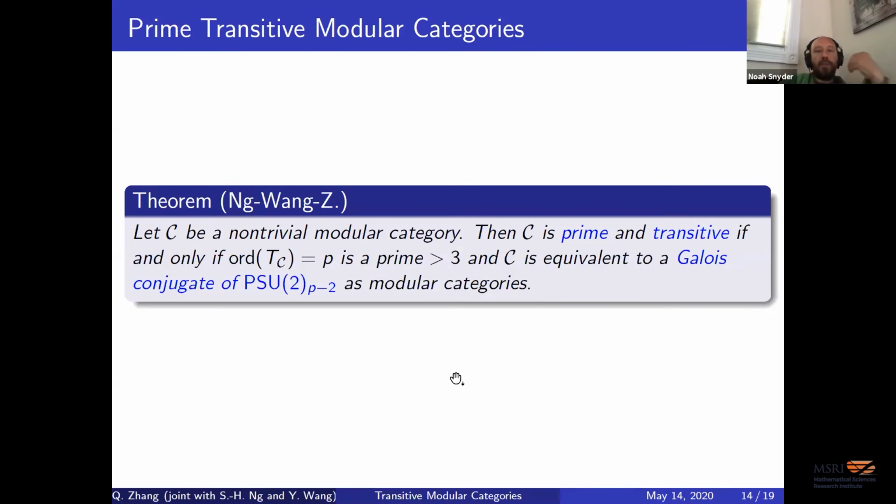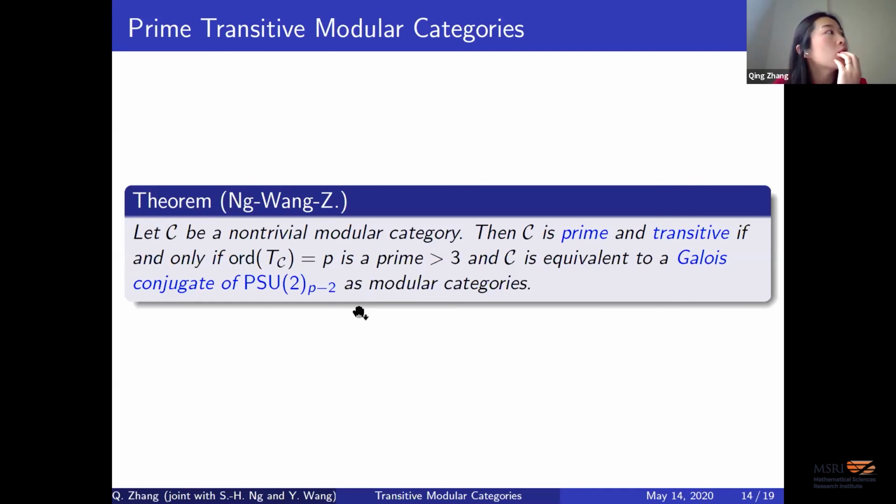Right. So here you assume that P is not 2. Do you know anything about what happens when P is 2? If P is 2, then this is level 0. I think it corresponds to trivial ones.